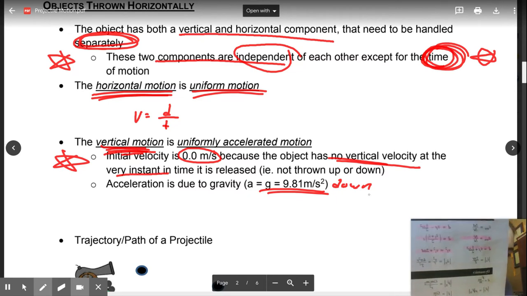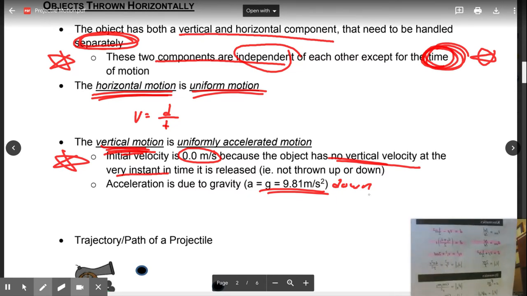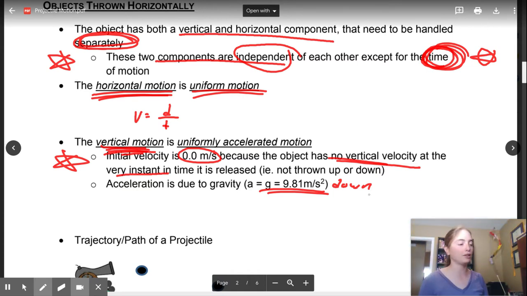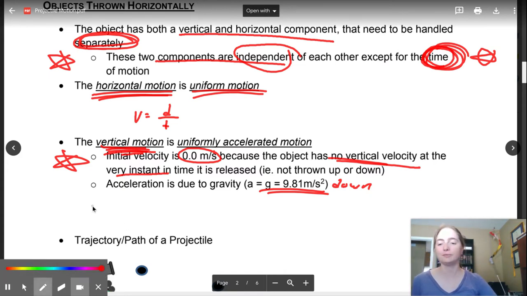So you guys see these 5 equations that we've highlighted in pink in previous videos? Those are your 5 acceleration equations. Those are the only ones that you're allowed to use on the vertical, because the vertical accelerates, okay? So let's write this down.